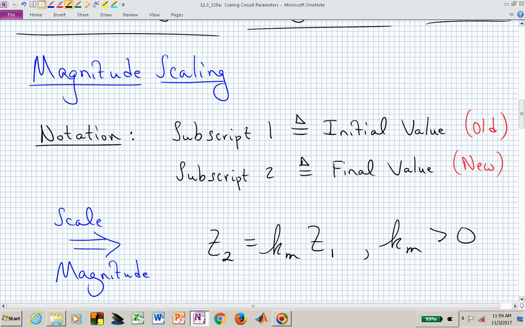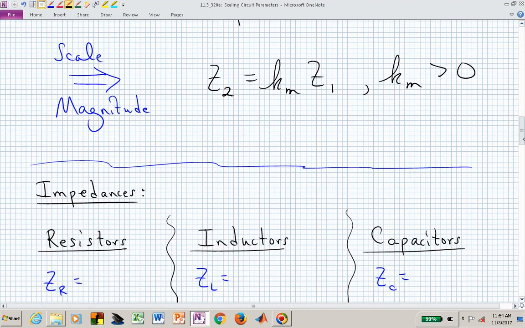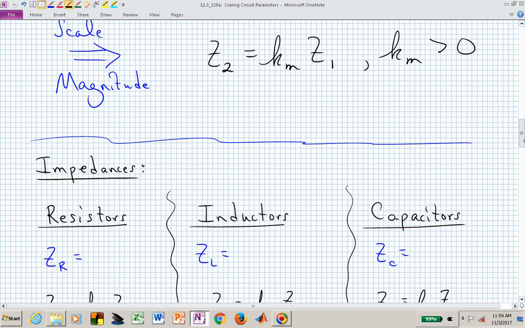Let's say that the impedance Z sub 1 was initially 1, and we actually want Z sub 2 to be 4. Then we would pick our magnitude scaling K sub M to be equal to 4. Let's see what this looks like for particular impedances.